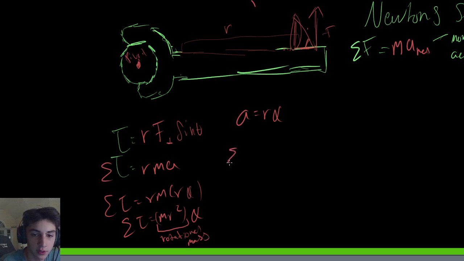So this can really be summed up to our rotational mass times angular acceleration. As we apply more force, our torque increases, and then our angular acceleration also increases. So that's just kind of a quick recap of everything we've learned.